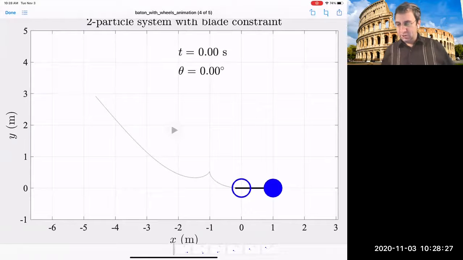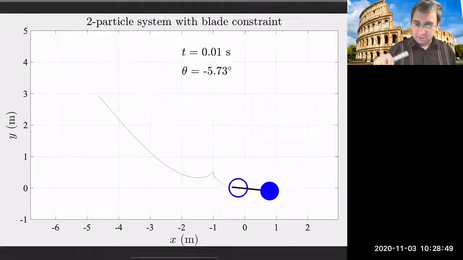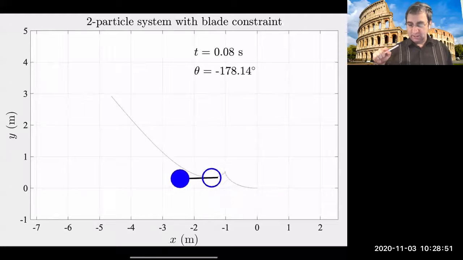So I gave this an initial condition where mass 1 is at the origin. That's the one with the blade under it. Mass 2 is the one that can freely slide. That's at 1, 0. I'm giving this a shove backwards with a little bit of a spin. So theta dot is initially non-zero, and so the velocity is going backwards. And so you can see what this does.